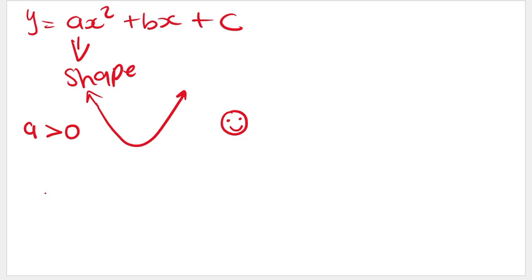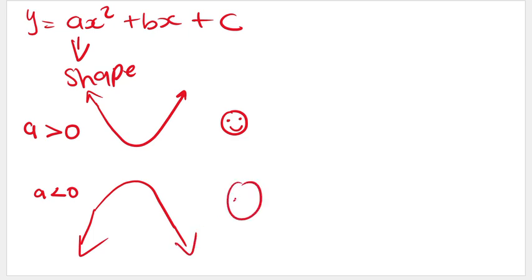And then if a is less than 0, our graph will face down. This is what we call a sad face. So if the graph is facing up, it means that a is a positive number. If the graph is facing down, it means that a is a negative number. So this is what it means.